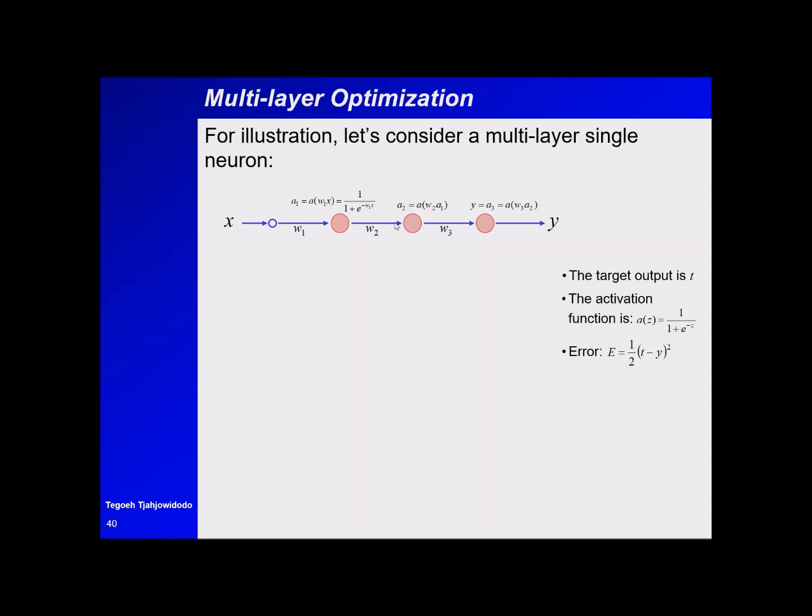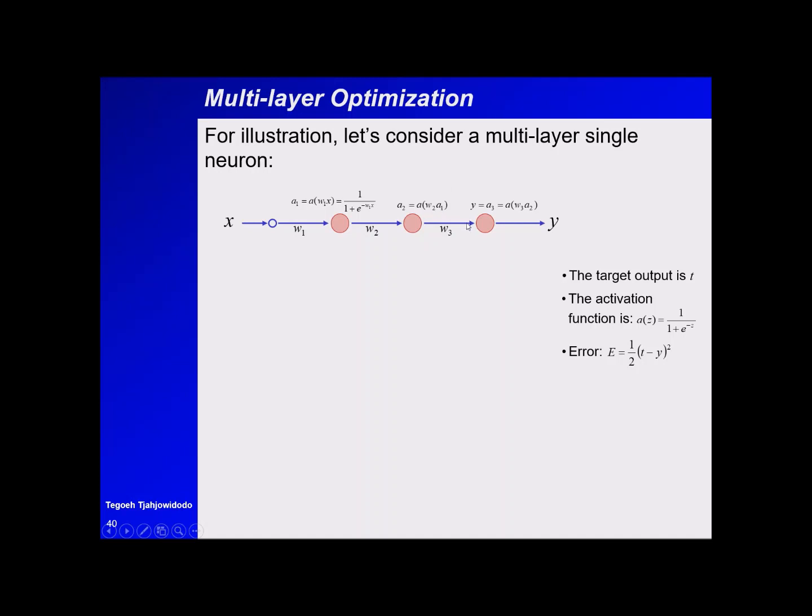And then after we pass through this node, this W2 times A1 will have to be evaluated for the activation function. So the output of this node will be equal to the activation function A evaluated for Z equal to W2 times A1, which is A2.